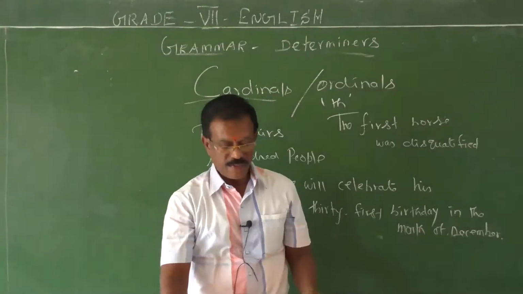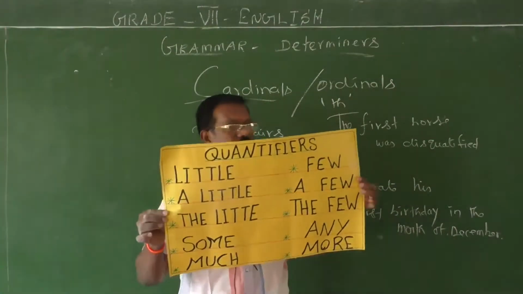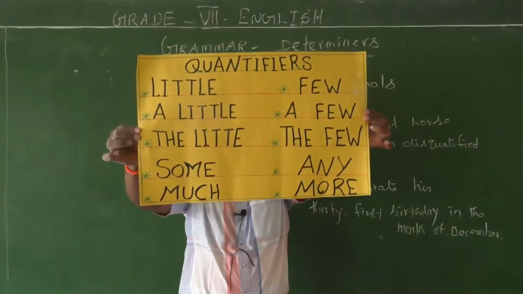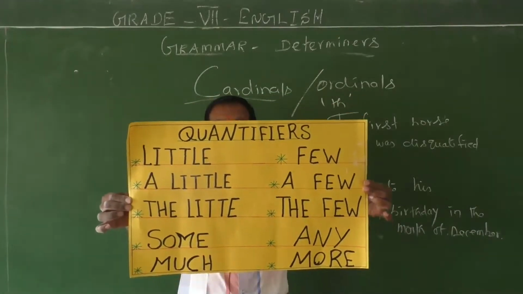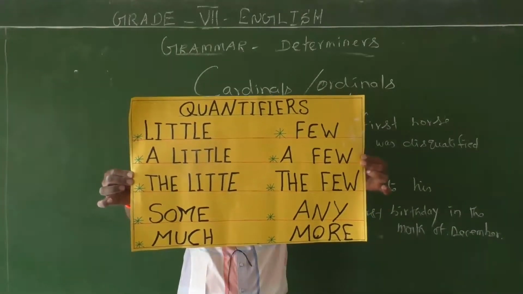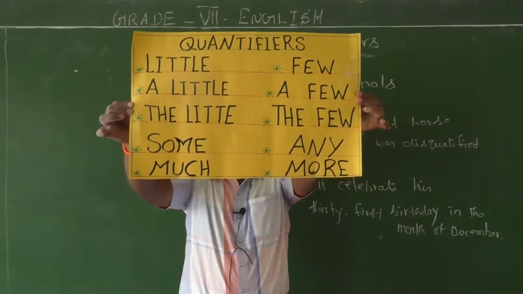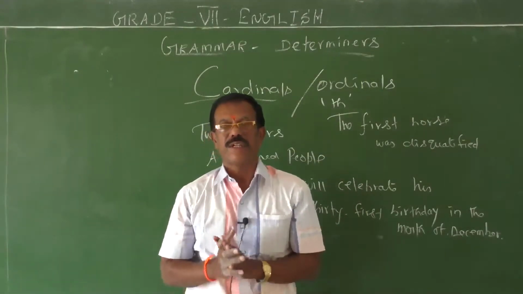Little, a little, the little are used before uncountable nouns, and before countable nouns, few, a few and the few, some, any, much and many. So they are called quantifiers. And then cardinal numbers as well as ordinal numbers are also called determiners.